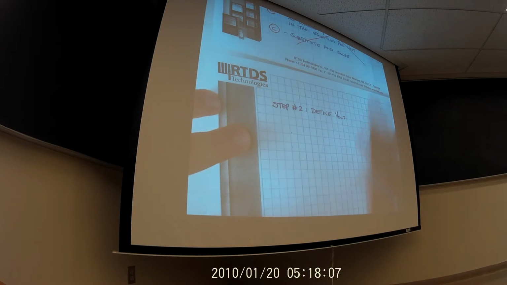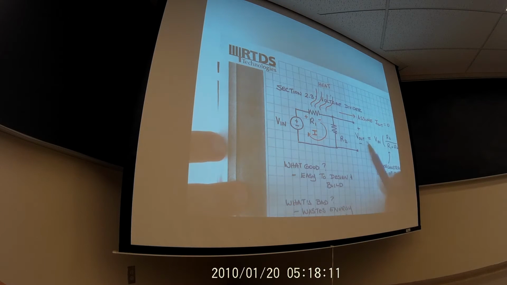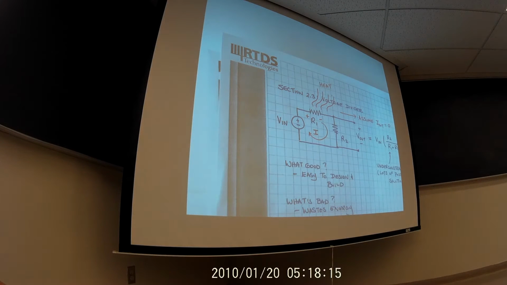How many different ways do we have of doing that? Can anybody tell me? I'm not saying define V out as a number, but V out as a function of other variables.